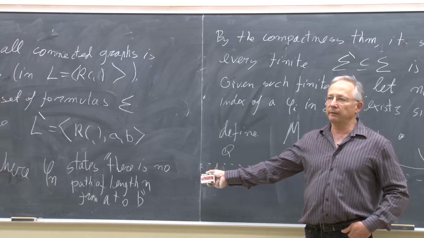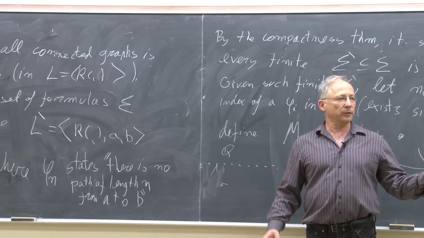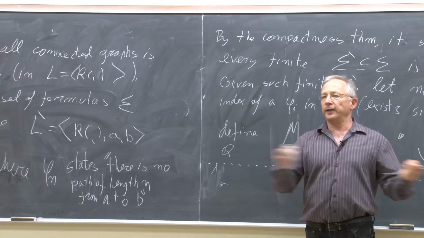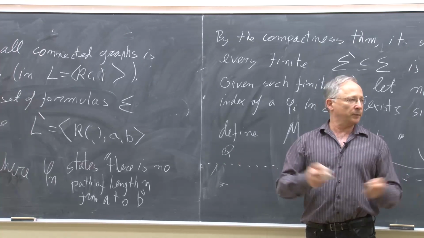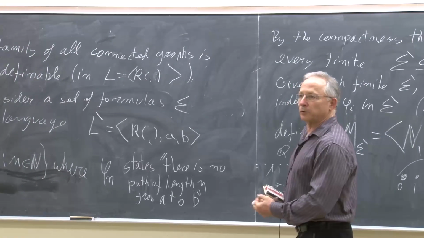Why is it not connected? Because the interpretation of A and the interpretation of B cannot be connected. For every n, I cannot find a path of length n between them. So every structure for sigma is not connected.